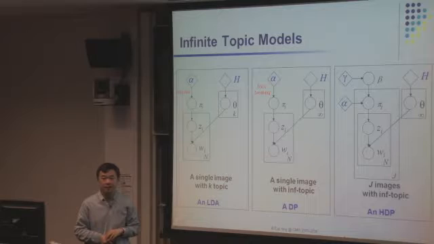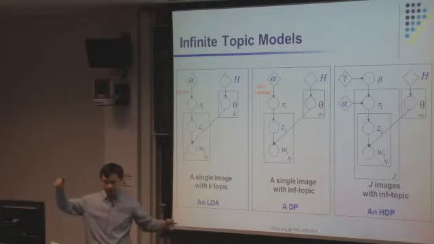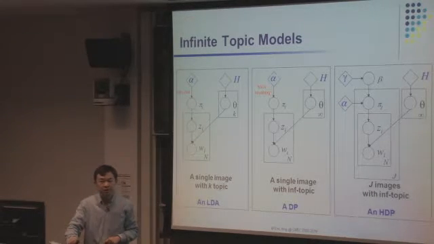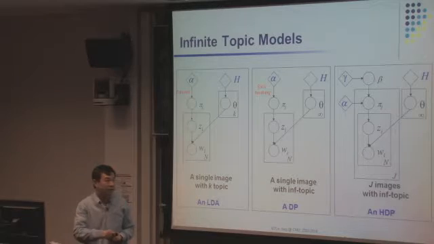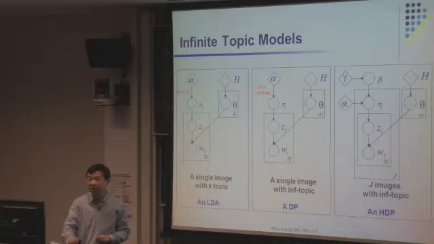And then the actual probability of the Z over these infinitely many choices of topics is determined by what? In the DP case, it is determined by the CRP multiplied by the likelihood of the data under the centroid. In this case, you can say that is the likelihood of a word under a particular topic.